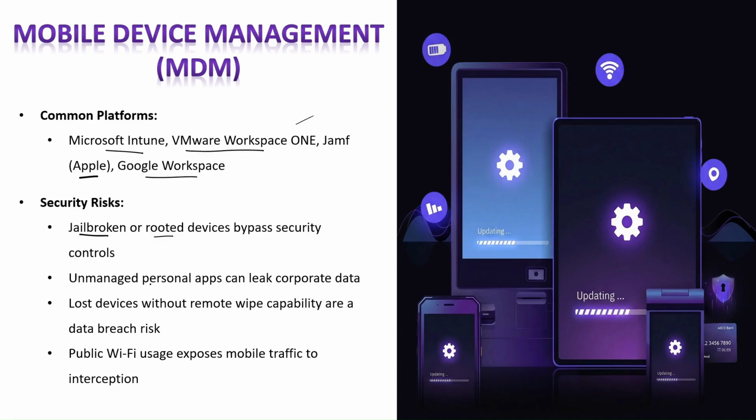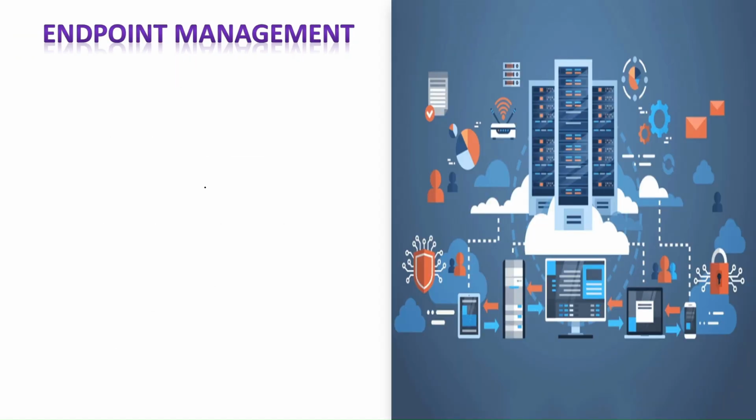Unmanaged personal applications can leak corporate data. Lost devices that do not have remote wipe capability carry the risk of a data breach, and public Wi-Fi usage on these devices exposes the data on them as well as the traffic going through them.